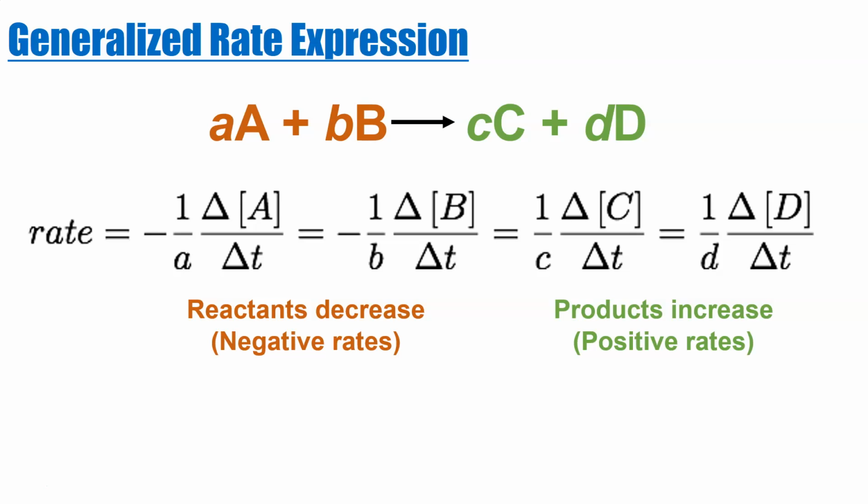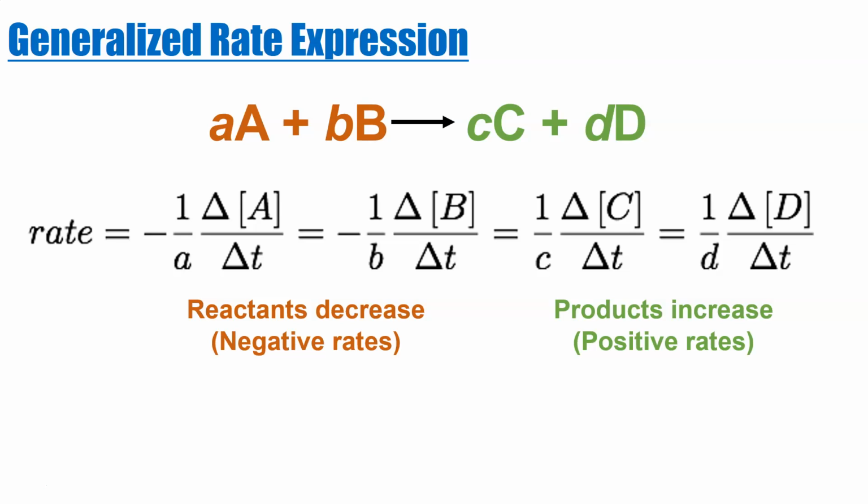This is super important because I have to be able to measure whichever chemical is going to make my life easiest. Maybe molecule A is hot pink. And as the reaction proceeds, it's going to get more and more clear. So maybe measuring the rate at which the bright hot pink compound is disappearing is really easy.